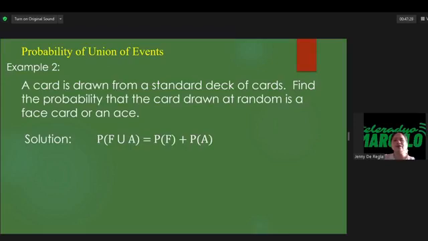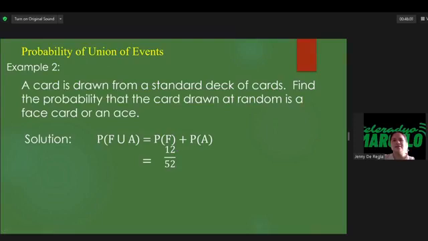So again, we're going to use the probability of an event F, a face card, or an ace card, which is equal to the probability of a face card plus the probability of an ace. So for the face card, we have 12 over 52, since we have king, queen, and jack, times 4 suits.